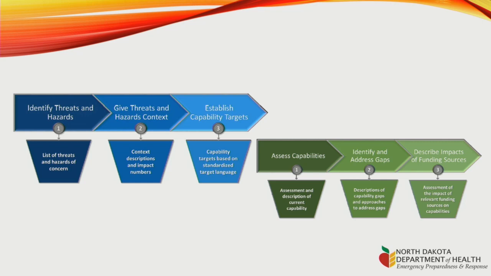Third, they establish capability targets. This is where communities assess each threat and hazard in context to develop a specific capability target for each relevant core capability. The capability target defines success for the capability. Step 4 is to apply the results. Communities estimate the resources required per core capability to meet the capability targets for each threat and hazard.